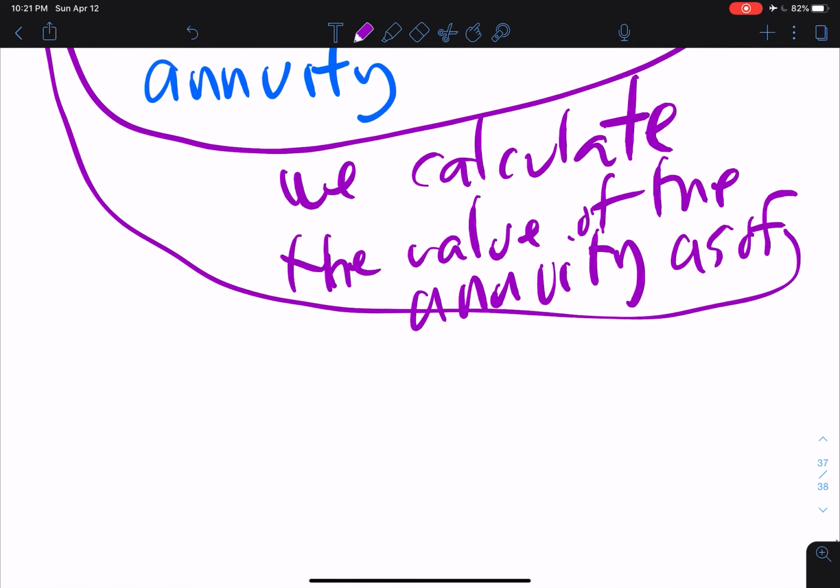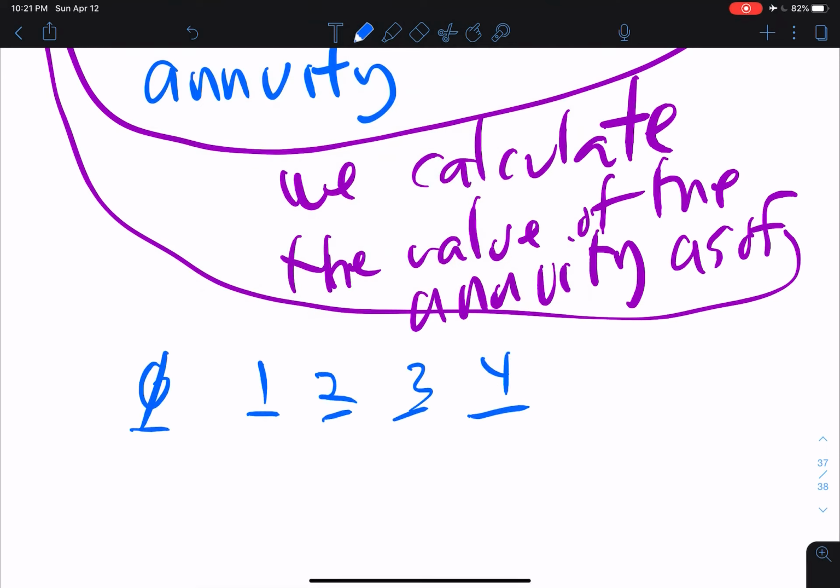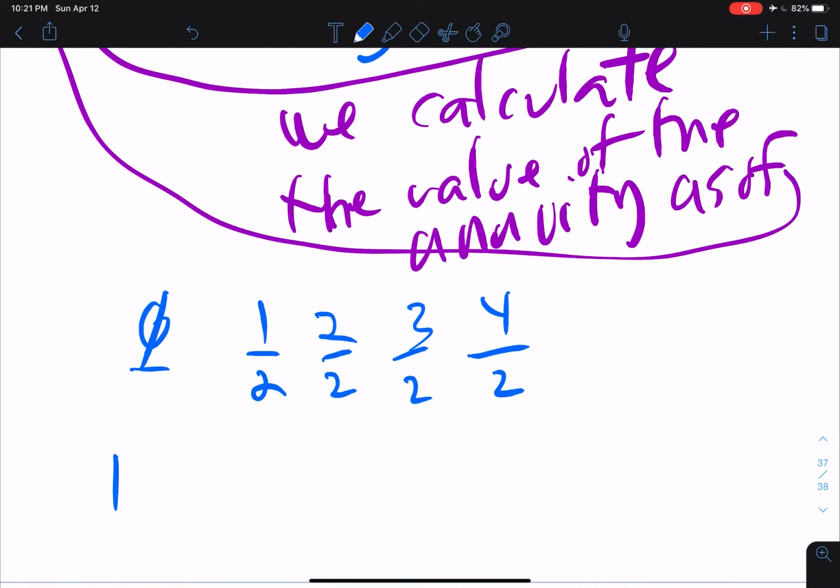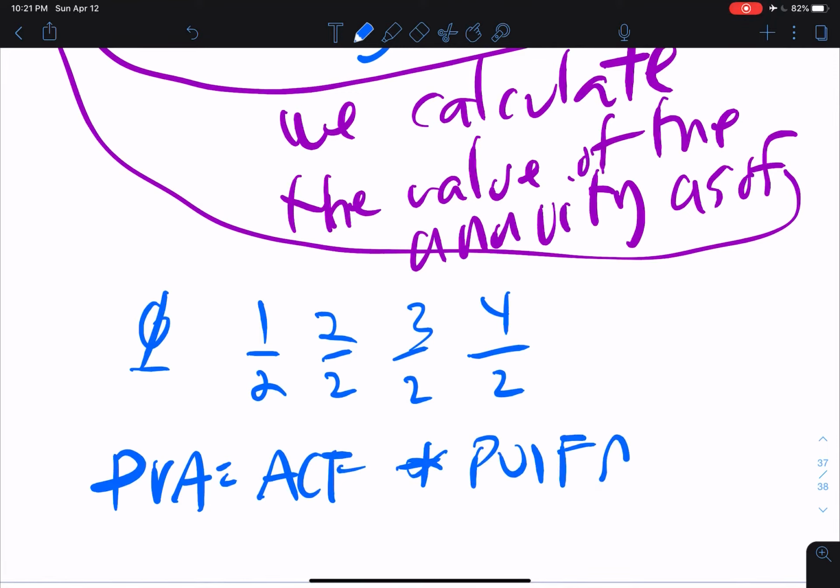So if you're being asked, or if you're just calculating, the value of, let's say, an annuity paying $2 million at each of days 1, 2, 3, and 4, if you're being asked to calculate the value of this annuity at date 0, then the present value of this annuity would be annuity cash flow times the PVIFA. We'll assume R is still 0.1, but now N, the number of cash flows in the annuity, is 4.